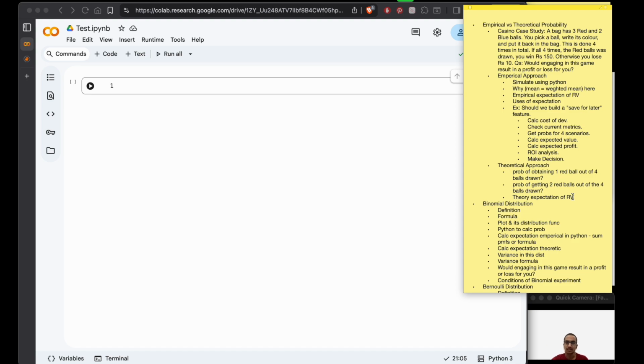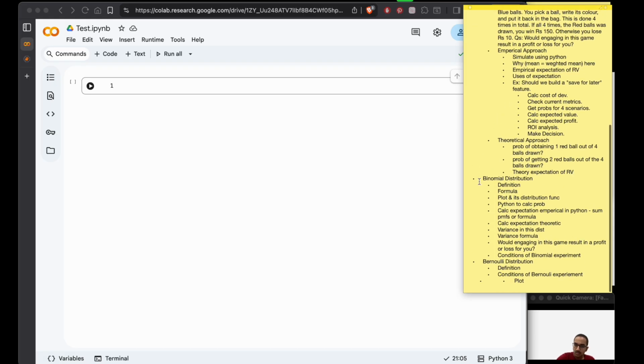So we'll be looking at something called expectation as well within these two approaches, and then we'll be looking at the distributions, which is the model, one of the important, core aspects of modeling in stats, right?